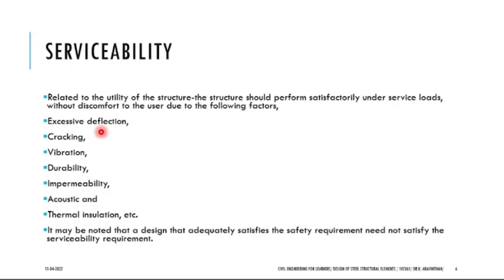Because the components get wear and tear, so when it is rotating, it will have higher vibration. The same way, in civil engineering also, if your bridge is built, when the vehicle is passing, the vibration should be within the limit so that the serviceability issue is addressed. That is the part of vibration.